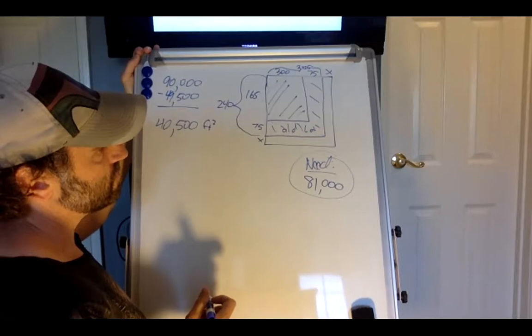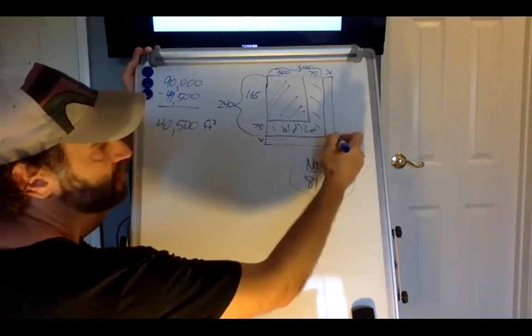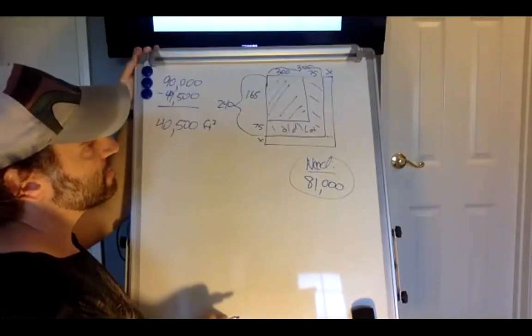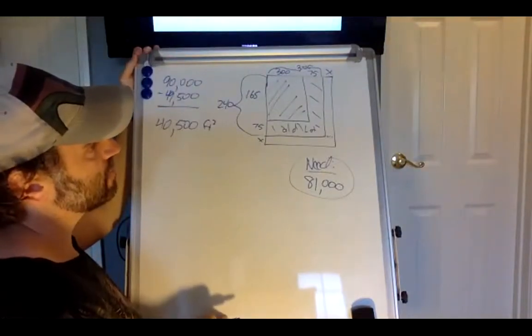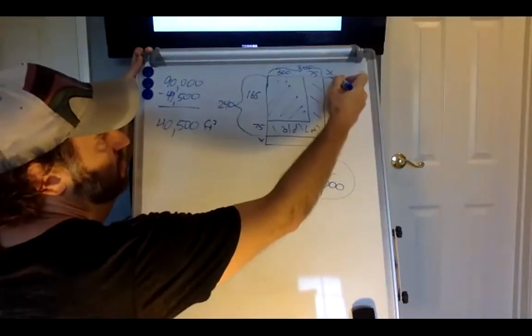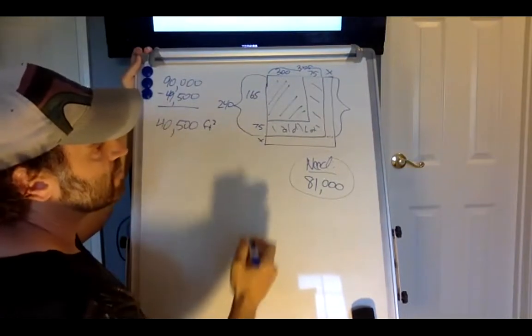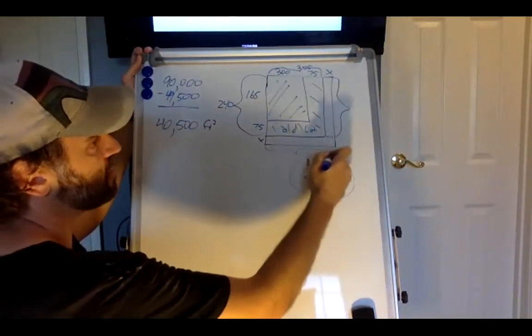You have x plus 75 times 375 plus x, and then you add x plus 75 times 165. That's not what I did.